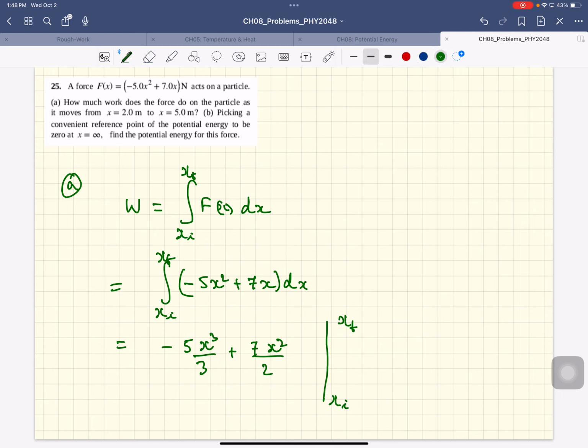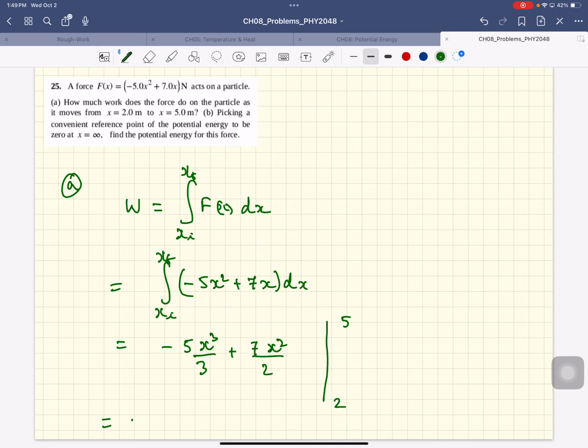All right, so the work done is, and our x initial and x final are 2 and 5 meters. So 5 and 2 meters.